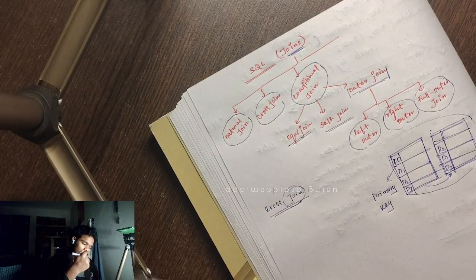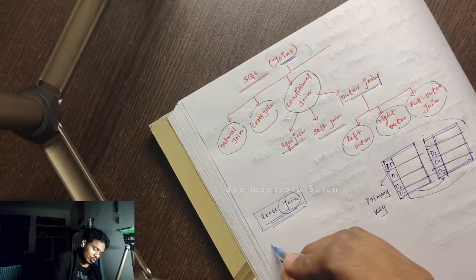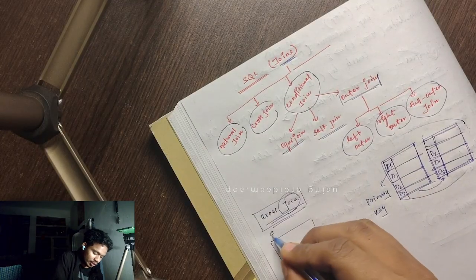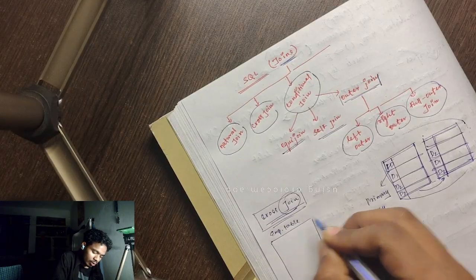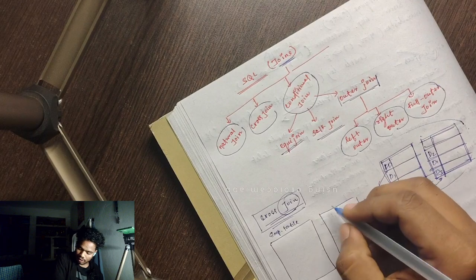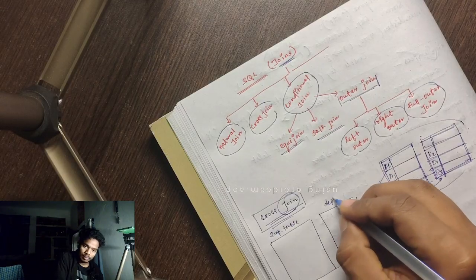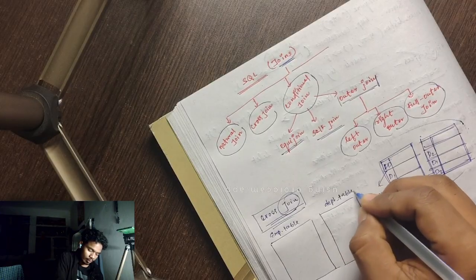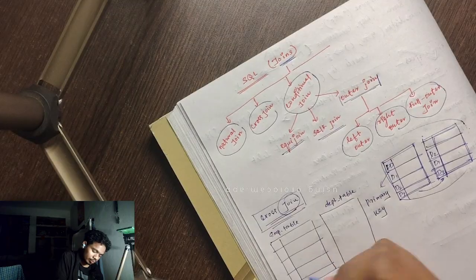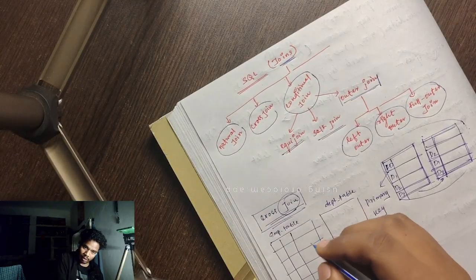Now let's talk about what is cross join. Let's suppose we have two tables, one is the employee table and one is the department table. In the employee table we have employee number, employee name, and employee address.